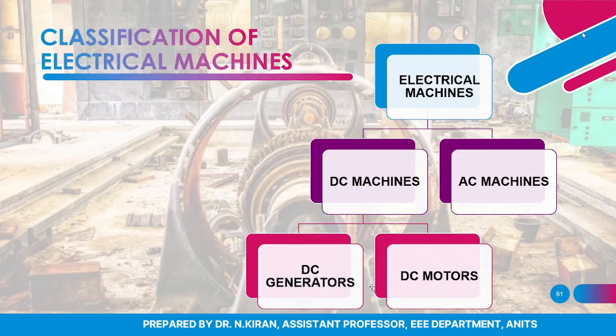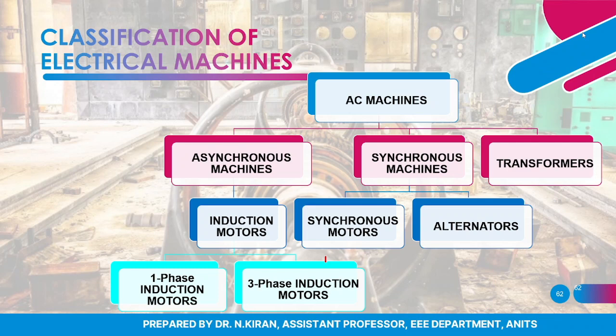So electrical machines can be classified generally into two categories, that is DC machine and AC machine. DC machine further can be classified into two categories: one is DC generator and the other is DC motor. Now our focus is only on DC generator in this module. Similarly, AC machines can also be further classified as asynchronous and synchronous machines as well as transformers.